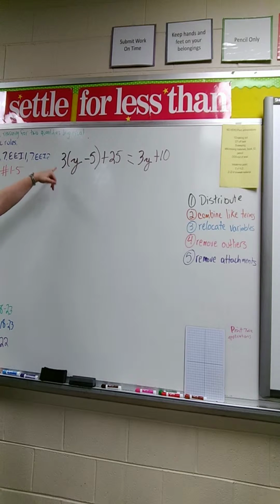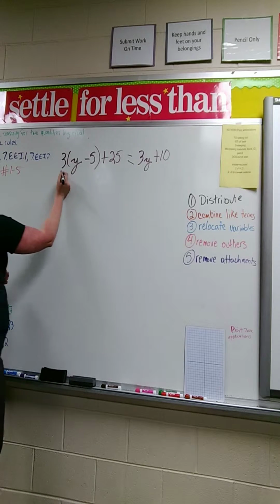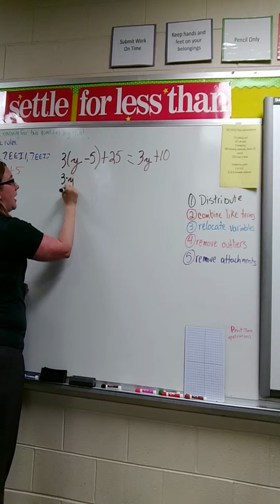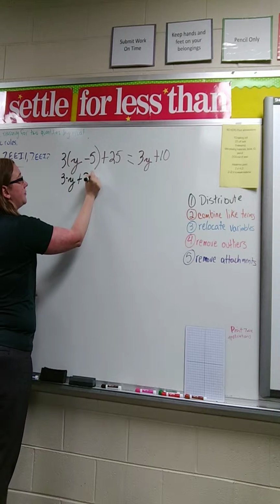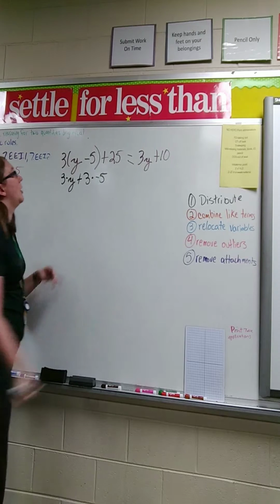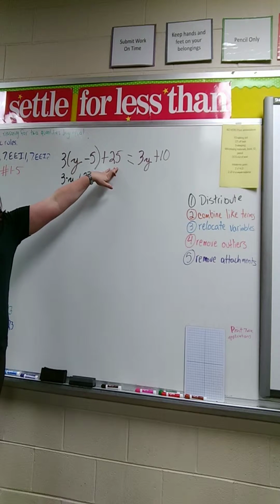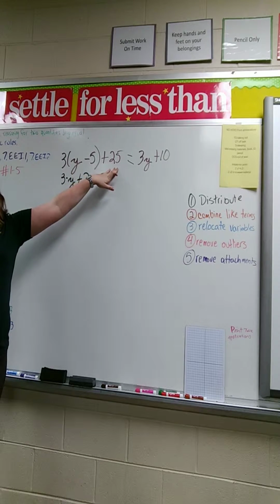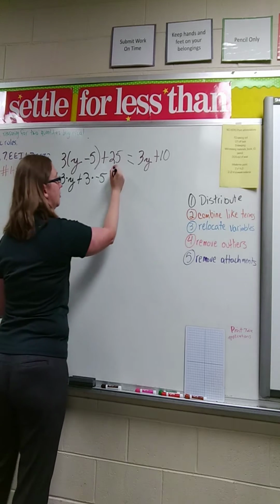Okay, so we're going to distribute the 3. What are we distributing the 3 to? The y and the negative 5. So that's 3 times y plus 3 times negative 5. Do I multiply the 3 by 25? No.